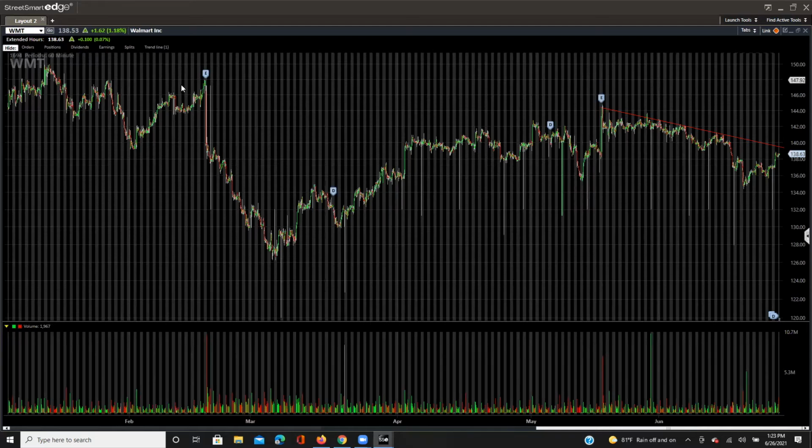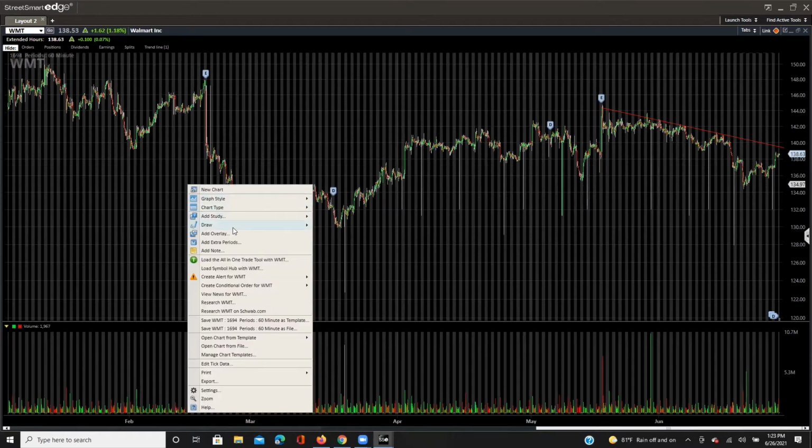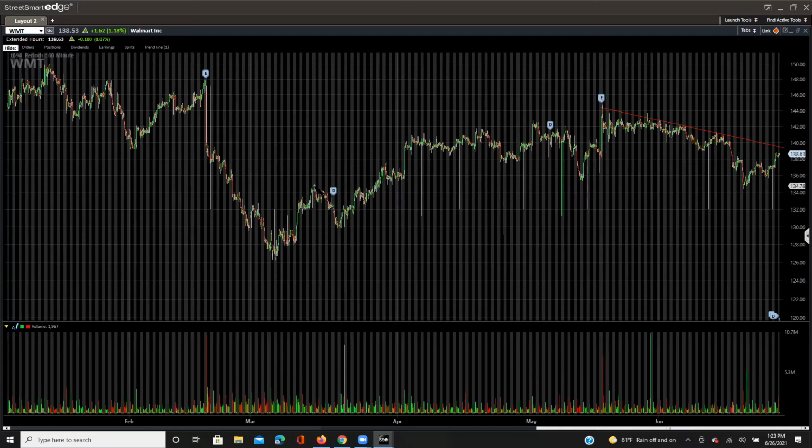So we have the earnings drop, and then we have 134 acting as a junction of resistance or selling activity, and we do need some spike in buying activity to see price move off of that level, where we can see that happened on April 5th.